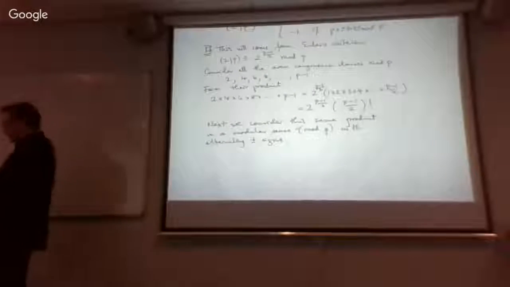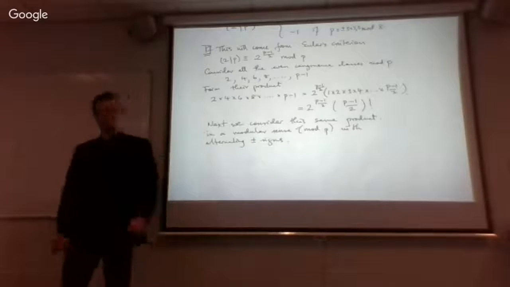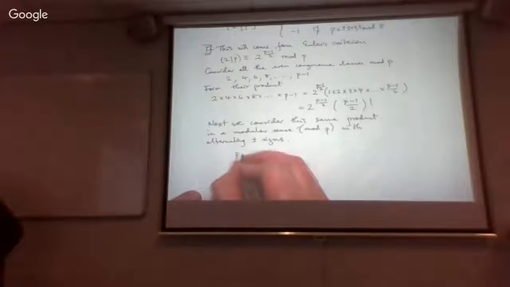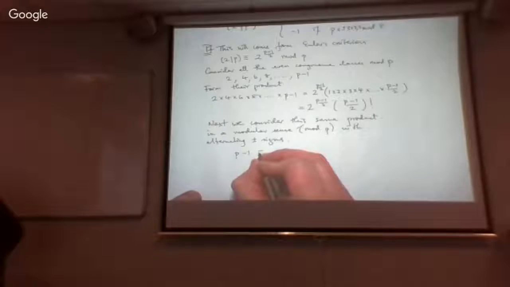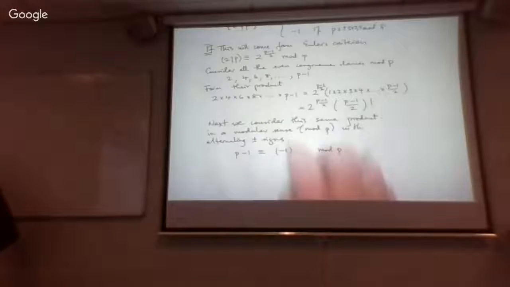We're going to start from the end of the list. So p minus 1 is one of the factors, and we consider that as being congruent to minus 1 modulo p. So that's 1 from the end.